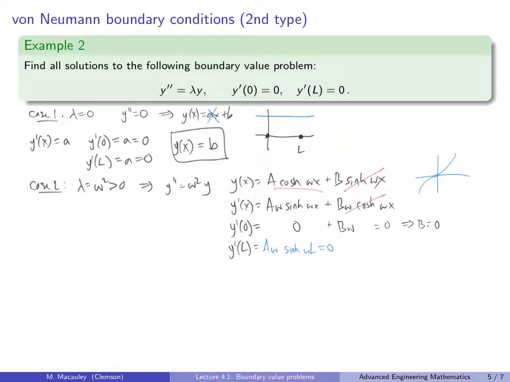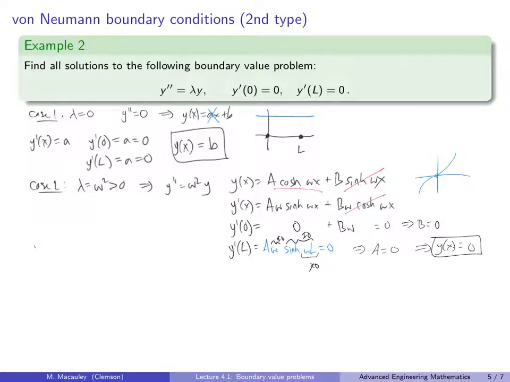So this is non-zero. So sinh is non-zero, and omega is non-zero, and so that means that a has to be 0. So we get that a equals 0, so we get that y of x has to be 0. So as before, we get no non-trivial solutions.